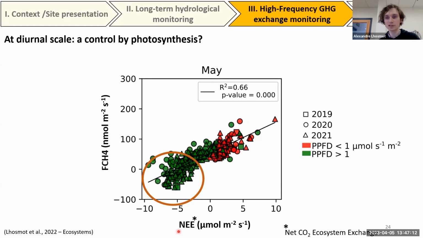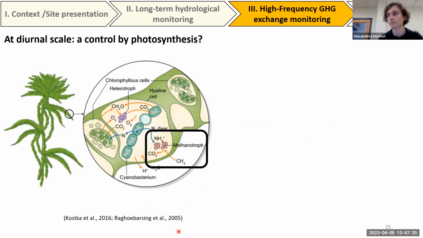And negative carbon dioxide fluxes mean that there is a strong activity of photosynthesis. And so, okay, there is possibly a link between photosynthesis and oxidation of methane, but which could be the role? So for that, we went into the literature and we see that sphagnum mosses, which cover peatlands and dominate the site, have in the hyaline cells endosymbiotic methanotroph bacteria that can consume methane and produce carbon dioxide.